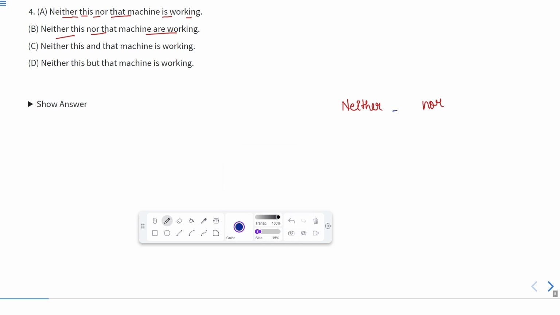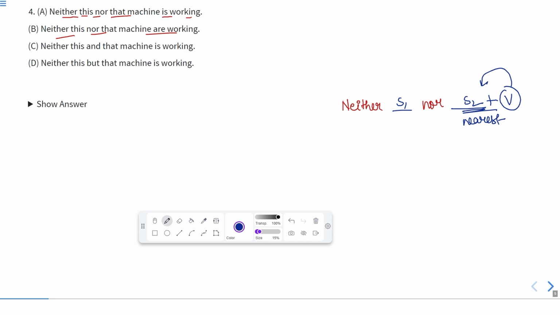We should take care of two things. First of all, if there is subject 1 and subject 2, we have to use the verb according to the nearest subject. If the nearest subject is singular, we put the singular form of the verb, and if the nearest subject is plural, we keep the verb plural.